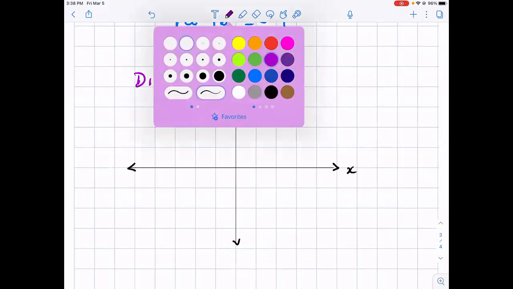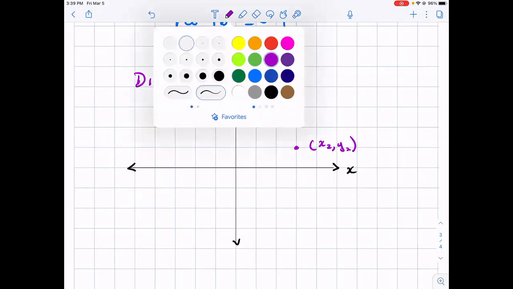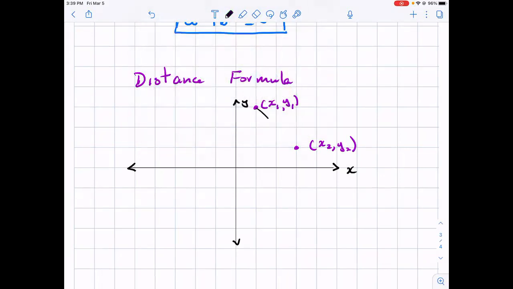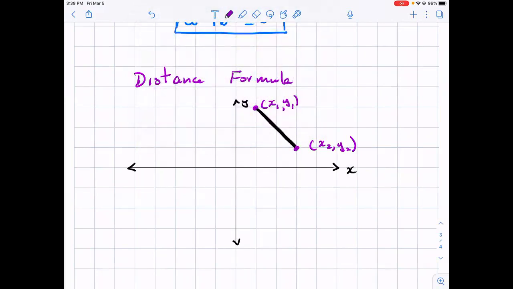So if I have a point here, call this point (x1, y1), and let's say I have another point here, and let's call that (x2, y2). The 1 and the 2 just tell me which is the first point and which is the second point. If I have a line connecting those 2 points, we should be able to find the distance.